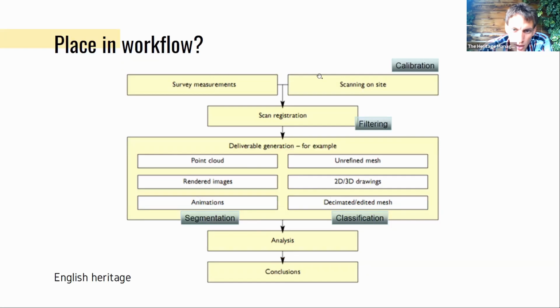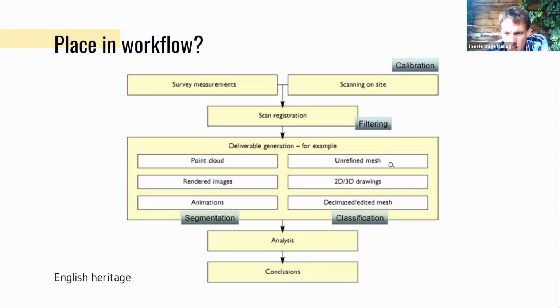So we have talked quite intensively about the data acquisition process and the site preparation, mainly yesterday and the days before yesterday. We've talked a little bit about scan registration, and then here we are talking about cloud filtering. Also, when we are talking about the classification process, or segmentation, if you want to call it like that, we are also in the process of making deliverables.